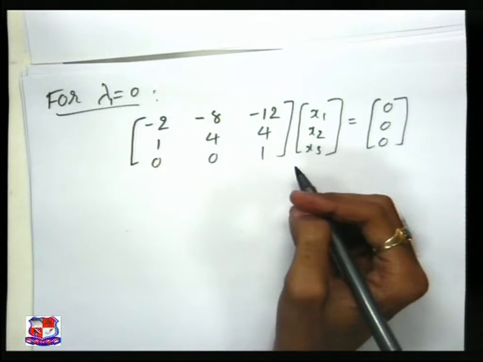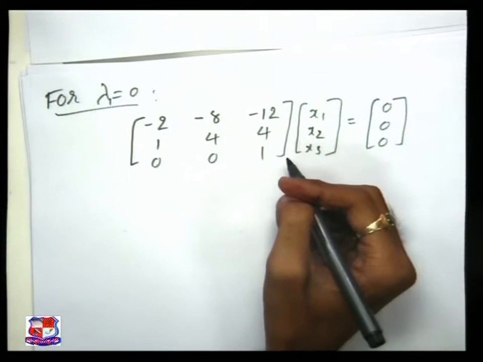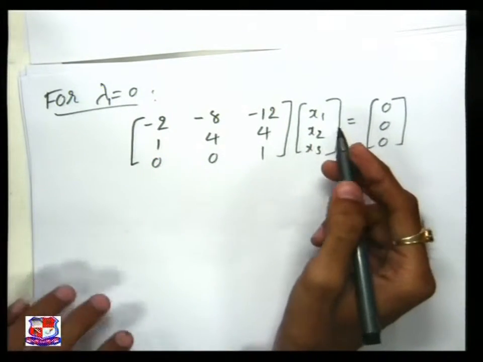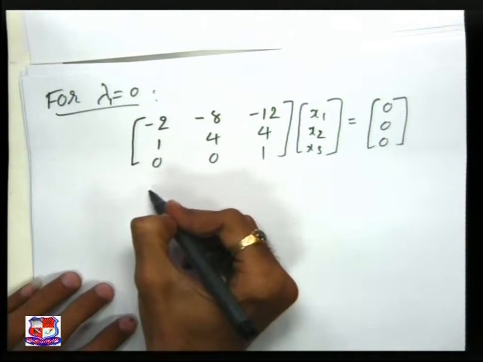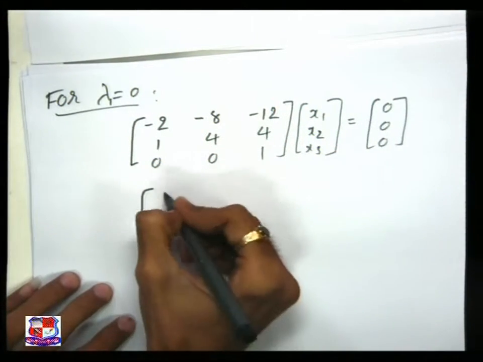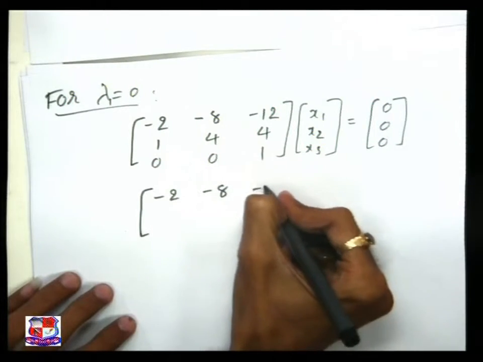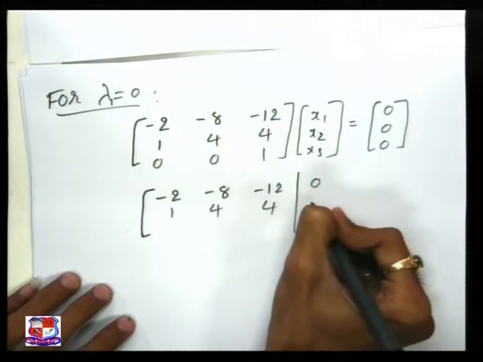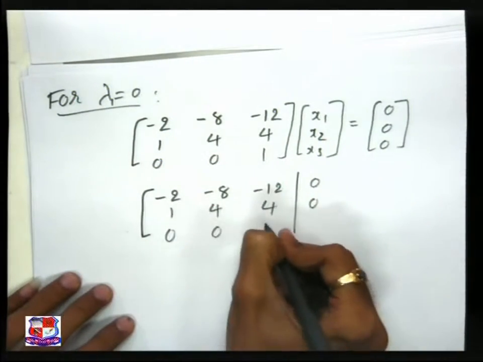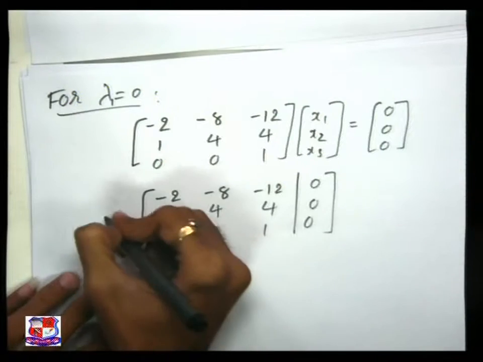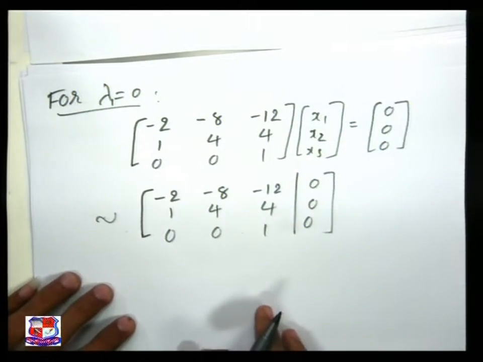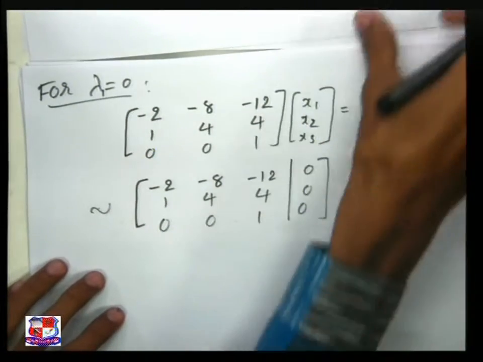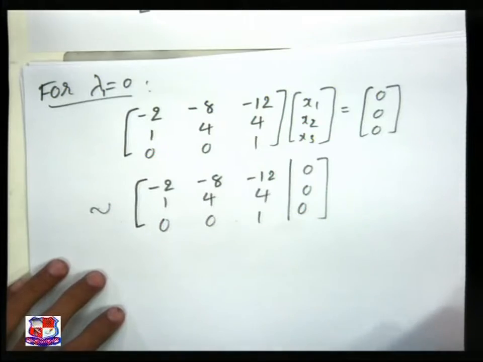So now we will solve this equation using the Gauss elimination method by doing row operations. Here we will write the augmented matrix: minus 2, minus 8, minus 12, 0; 1, 4, 4, 0; 0, 0, 1, 0. This is the method of Gauss elimination, right? So now we will use row operations to find the solution.